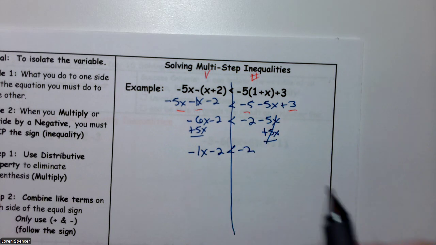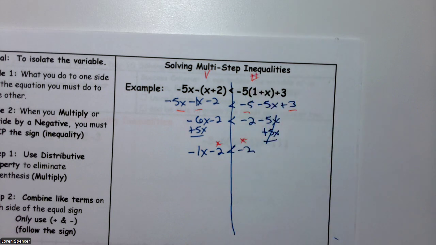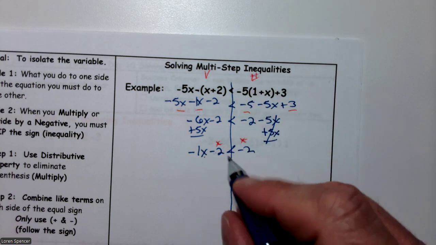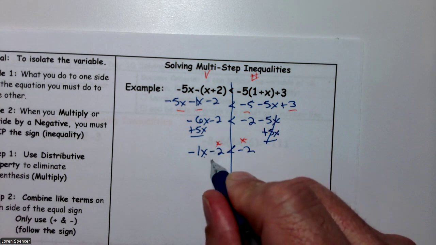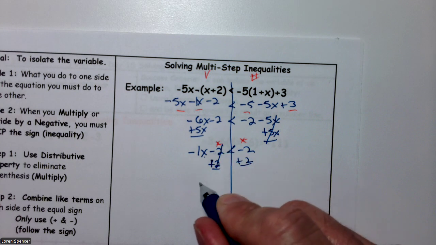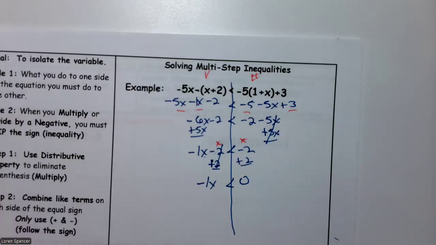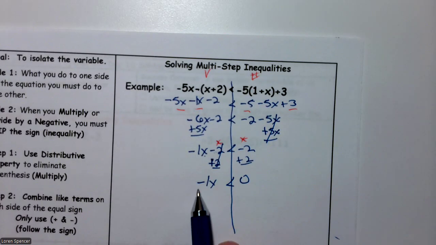I have two constants. And remember, we want the numbers on the right, so I need to move this negative 2 to isolate this x. So to move the negative 2, I do the opposite or inverse, which is a plus 2. And now I have negative 1x is less than 0. And it looks like we're done, except this is a negative 1, and I can't stop there.